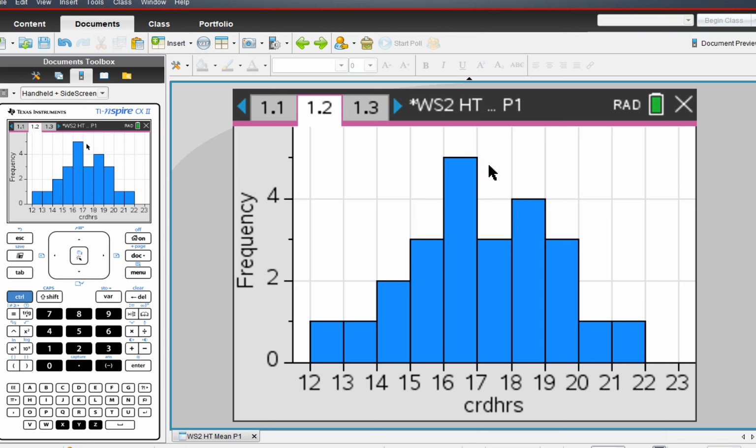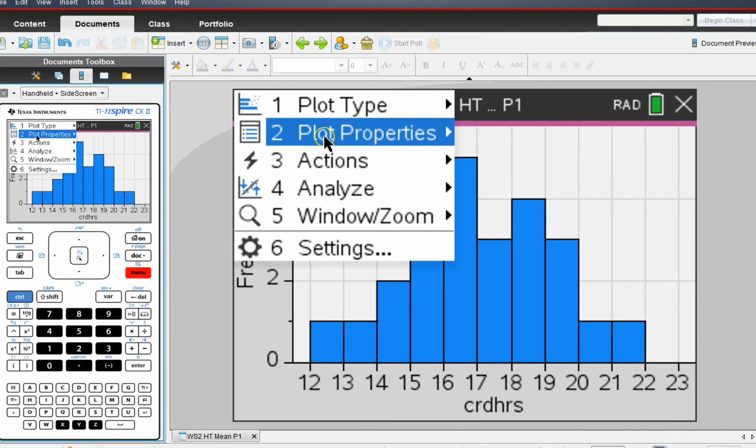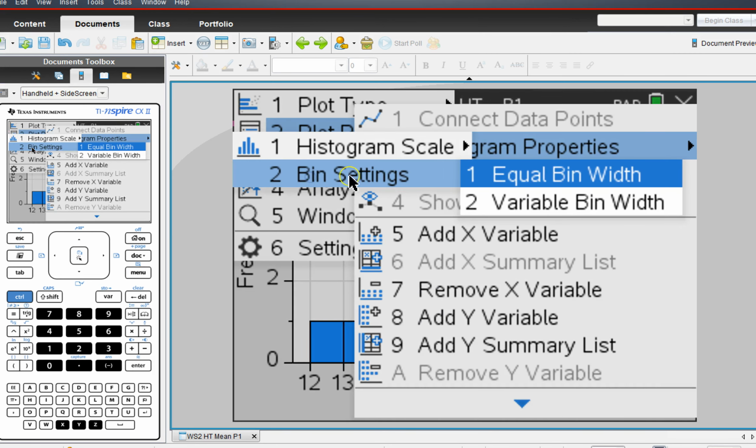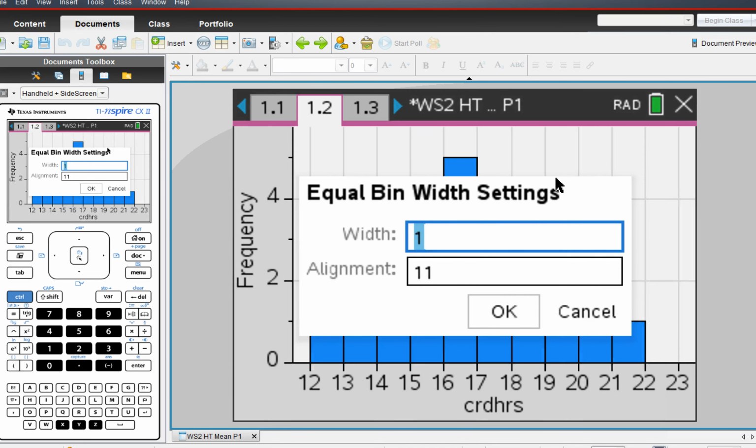Okay, so the histogram looks like unimodal and roughly symmetric, you know. We could change the bin size, plot properties, and then let's use the bin width settings, and then equal bin, and then if you remember, the standard deviation was 2.2.